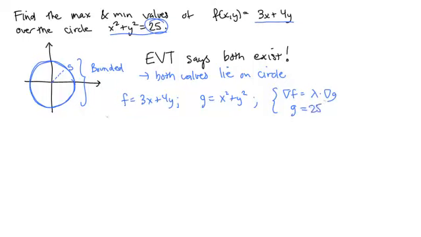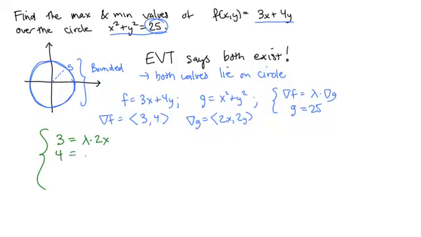If we work out the gradient of f, we're going to get (3, 4). If we work out the gradient of g, we're going to get (2x, 2y). And so our 3 equations and 3 unknowns are going to be 3 = lambda times 2x, 4 = lambda times 2y, and x² + y² = 25.